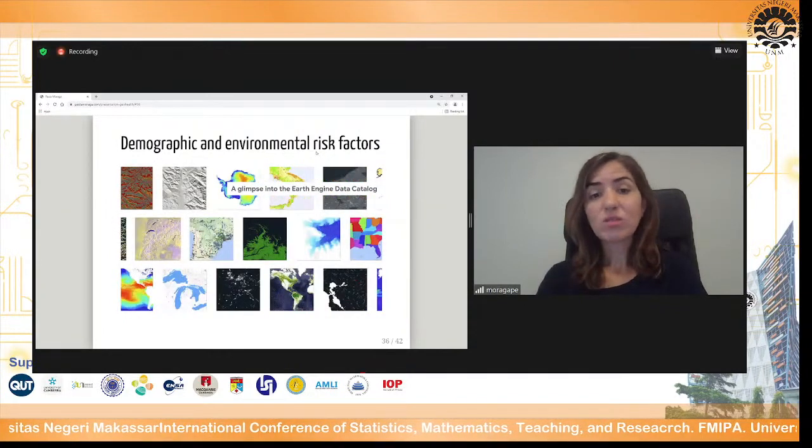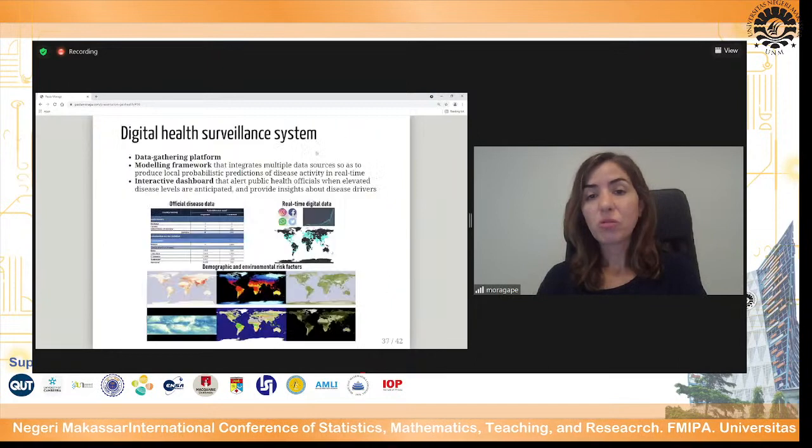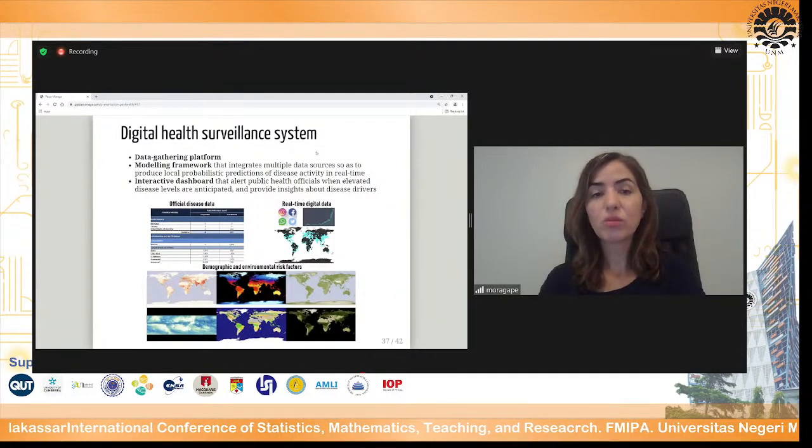So my objective is to develop a modeling framework that integrates multiple data sources to produce local probabilistic predictions of disease activity in real time, and also creating a dashboard that alerts public health officials when elevated disease levels are anticipated.